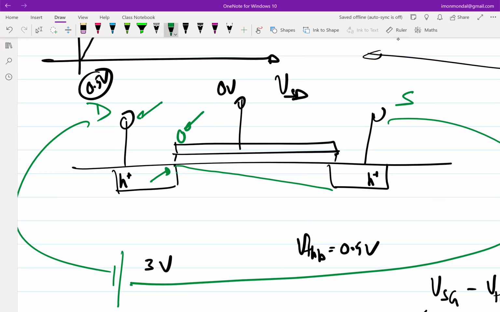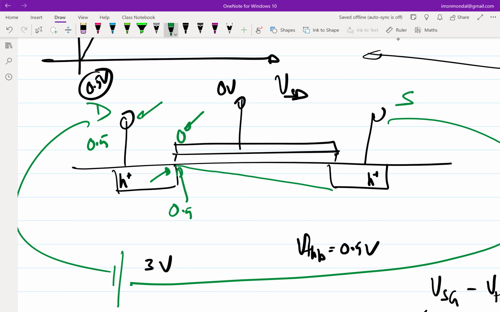So if I apply 0.5 here, what appears here? 0.5. So what is the VSG? 0.5. What is the minimum VSG that is required to generate mobile charges, the threshold voltage? 0.5, right? So essentially, we are now at the critical voltage where you cannot have any mobile charges at all.